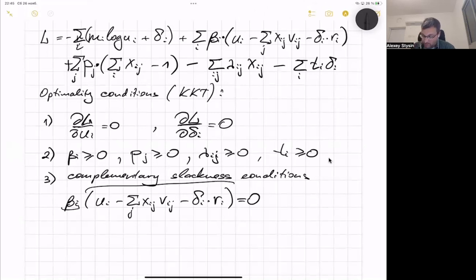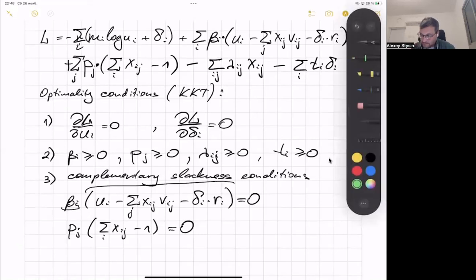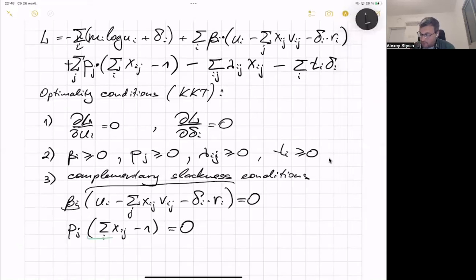The same thing goes for prices. So pj times (sum over i of xij minus 1) equals 0. So this is already something useful. This is saying that either this is 0, meaning that the object is sold completely, or pj is equal to 0.